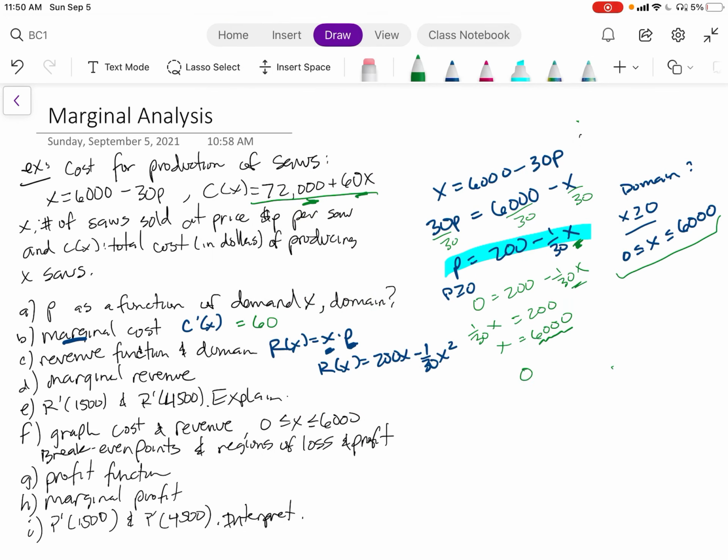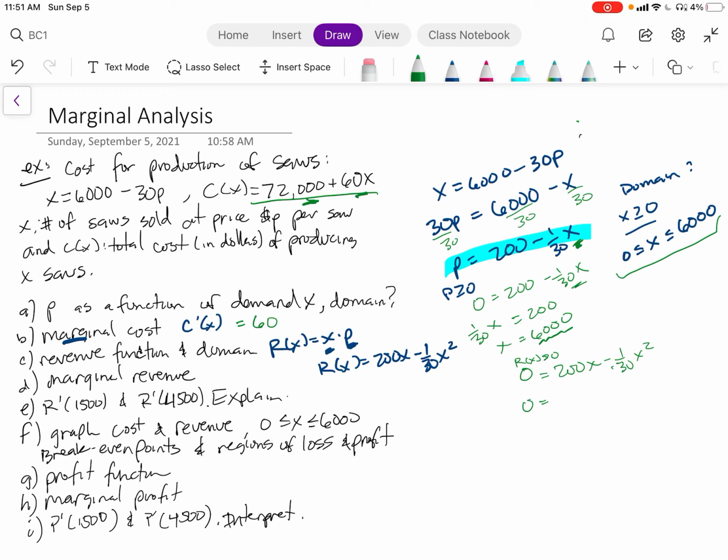So if revenue is 0, again, we want that greater or equal to 0: 200x minus 1/30 x squared. So I'm going to add this to this side. Honestly, we don't really need to make that positive. If I'm solving that for x, it doesn't matter, but let's eliminate a step.